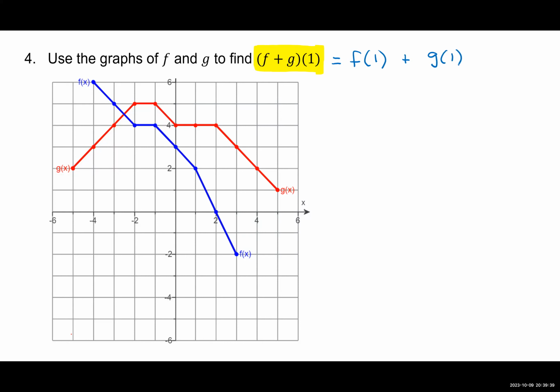Now, function notation, hopefully at this point, if you've gone through and watched all of my previous videos, this is something we've talked about a number of times. So when you see f parentheses 1, remember, that's not multiplication. That's the name of the function, f, evaluated at the number 1.